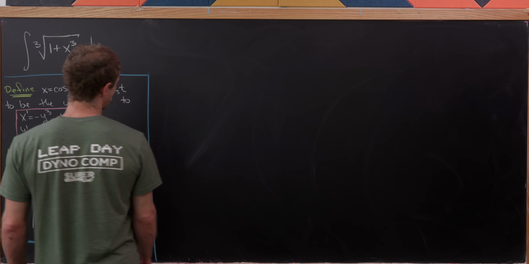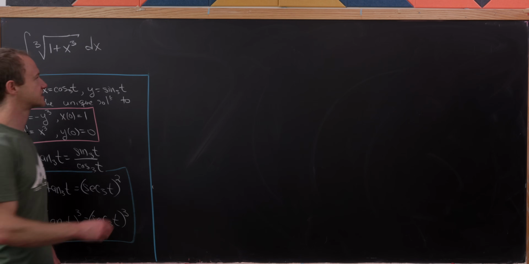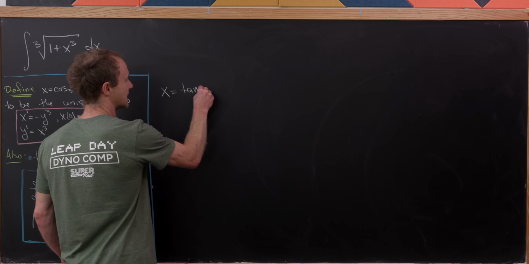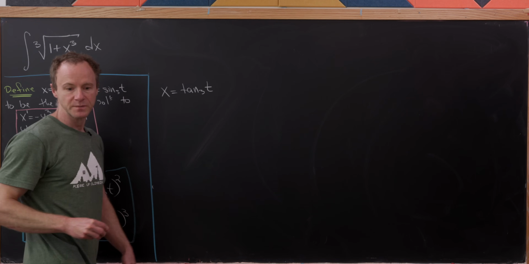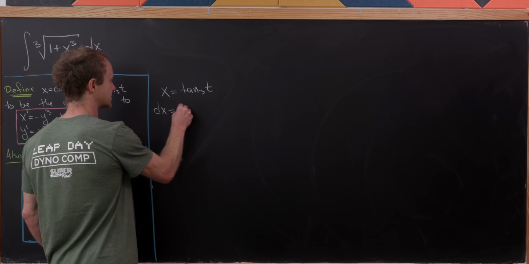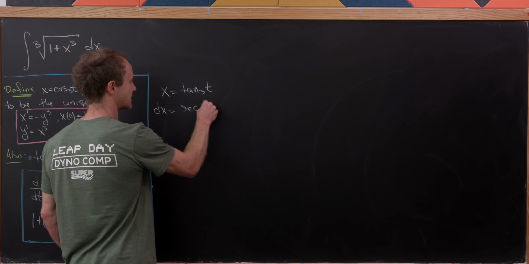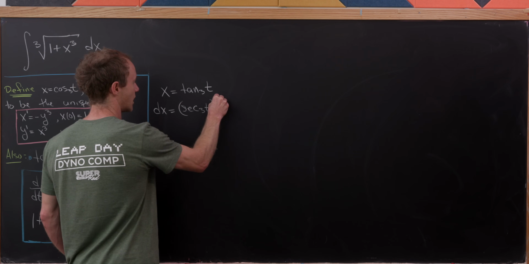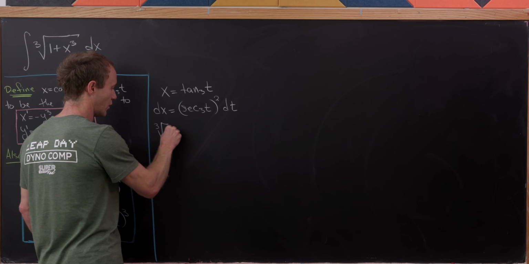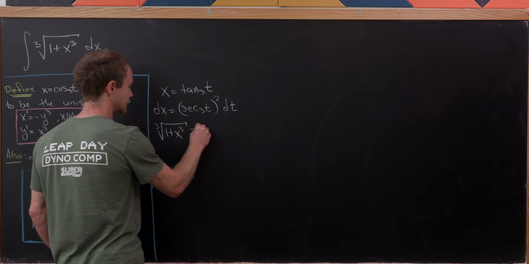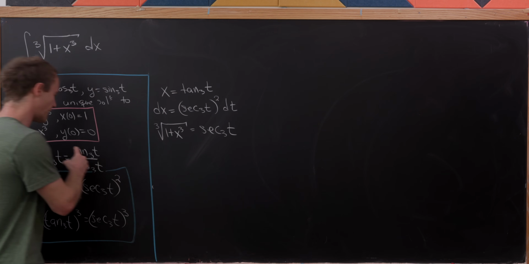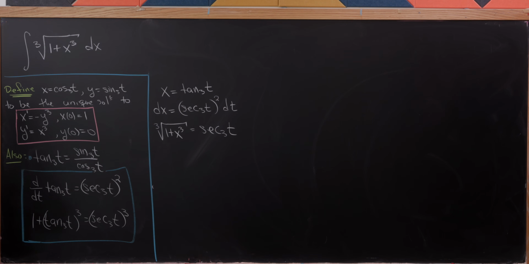So motivated by what we learn in an integral calculus class, let's take the substitution x equals tan 3t. Like we had before, that means that dx will be equal to this secant 3t quantity squared dt. And that means that this cube root of 1 plus x cubed is going to be this secant 3t, by this stuff over here.